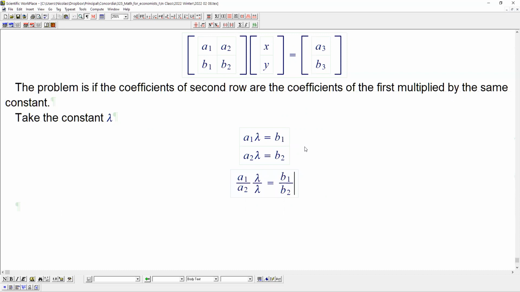Or A1 B2 equals A2 B1, or A1 B2 minus A2 B1 equals 0. So this is exactly what we said earlier. This quantity there is the determinant. If it is 0, then this is what it means to have a problem.